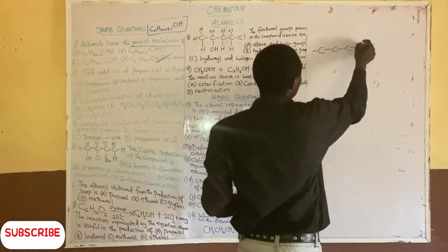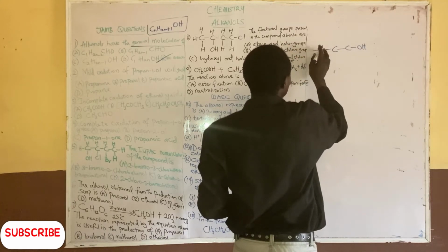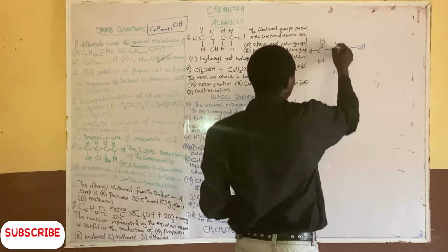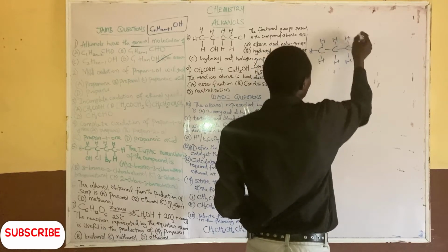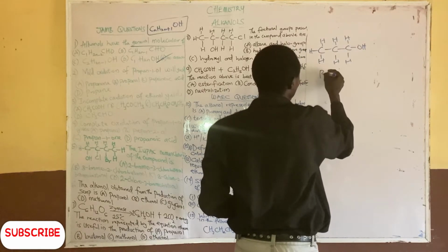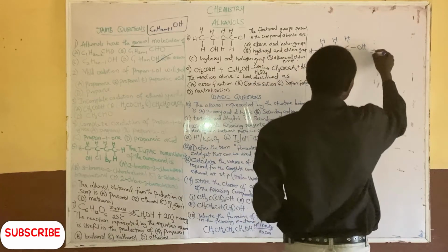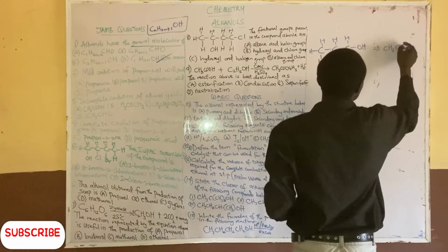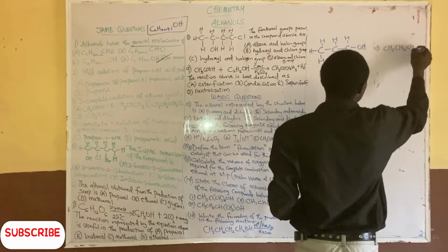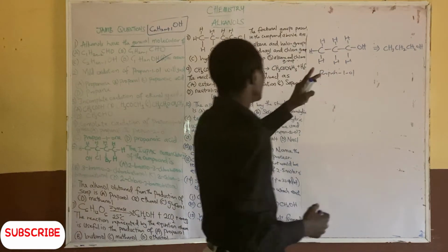Looking at this OH, the carbon carries two hydrogens. Propan-1-ol in condensed form is CH3CH2CH2OH.